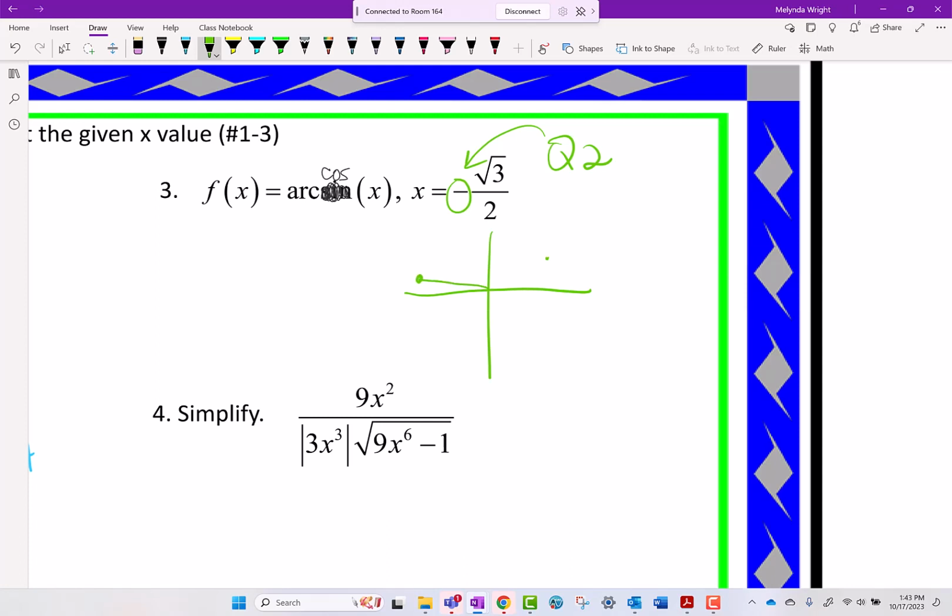So 1 pi over 6, 2 pi over 6, 3 pi over 6, 4 pi over 6, 5 pi over 6. It's 5 pi over 6. Okay, so arc cosine of negative root 3 over 2 equals 5 pi over 6.